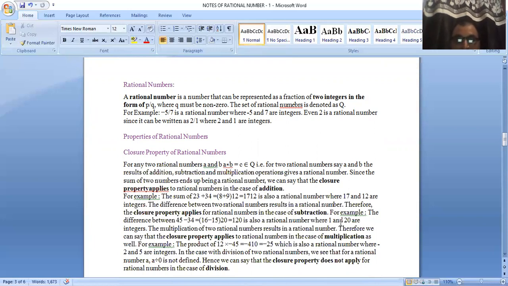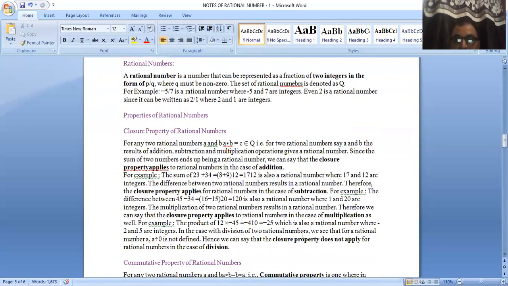For example, the difference between 4/5 minus 3/4, you can see. Okay, now the multiplication of two rational numbers results in a rational number. Therefore, we can say that the closure property applies to rational numbers in the case of multiplication. The product of this, okay.